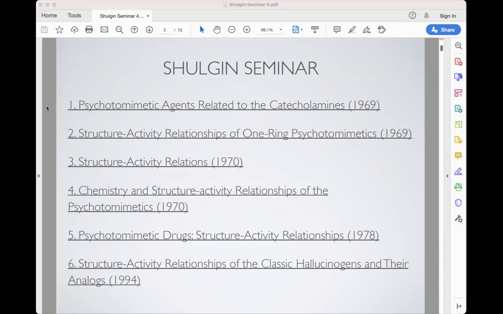So the idea is to have a look at those 6 papers one by one and discuss them as a kind of development of Shulgin's theoretical glance at the relations between all those compounds that he encountered, right?